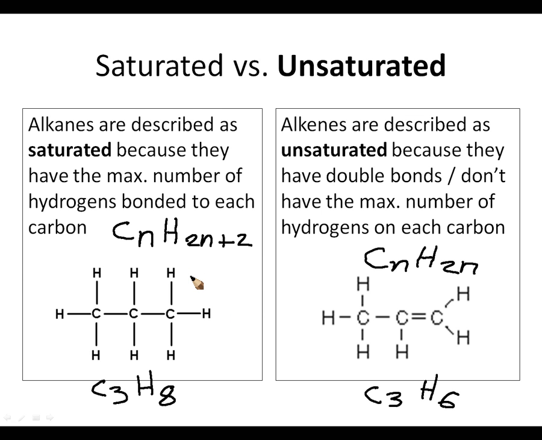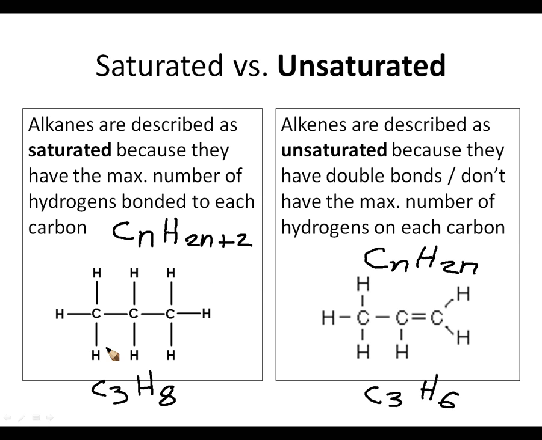If we had an alkane that was 20 carbons long, it would be C20H, 2 times 20 is 40, plus 2, 42. It would be C20H42. An alkene 20 carbons long would be C20H, 2 times 20, 40, so it would be C20H40. So those are the general formulas for your alkanes and alkenes.